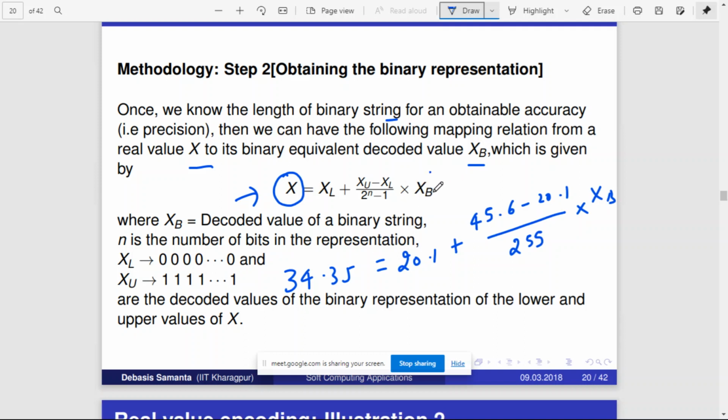We will get xb in decimal form only, but after that you have to convert it to binary. So if you solve this equation, obviously you will get xb in decimal form, then you have to convert it to binary, right? n is the number of bits in the representation. Here n represents how many bits xb can be specified using.